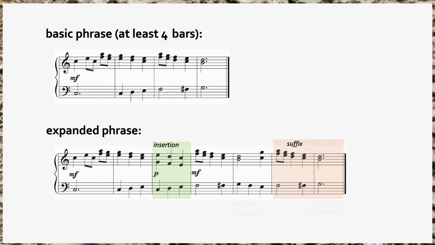The harmony at the end of a suffix might even differ from what's at the end of the phrase's main part. This forms what may be called an ending-altering suffix, as when an unstable phrase ending is changed into a stable one.